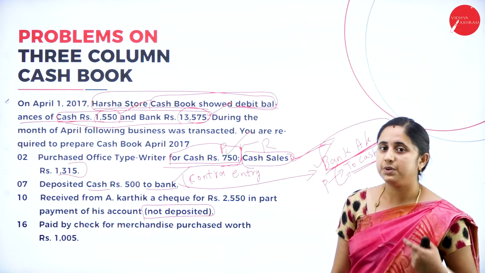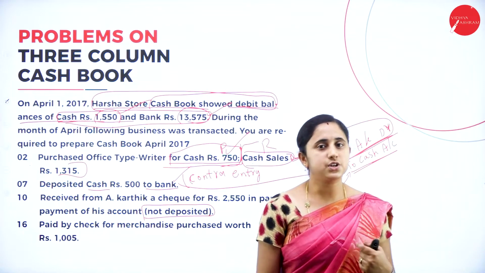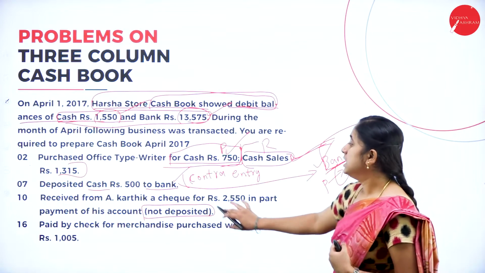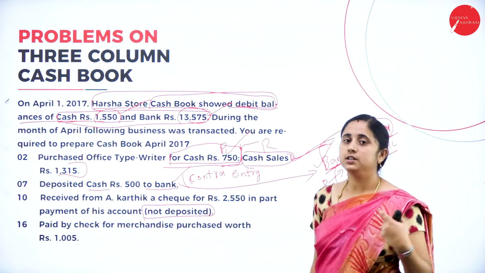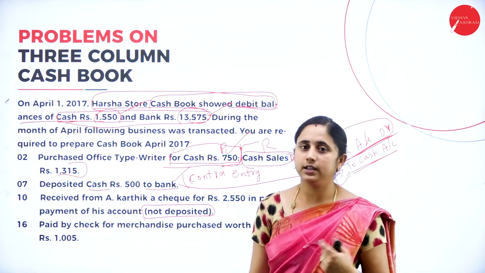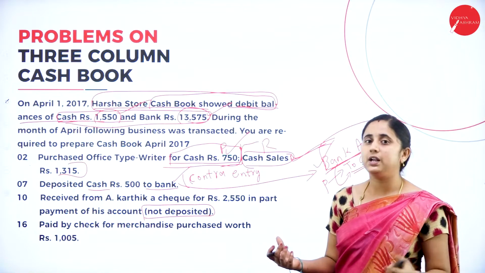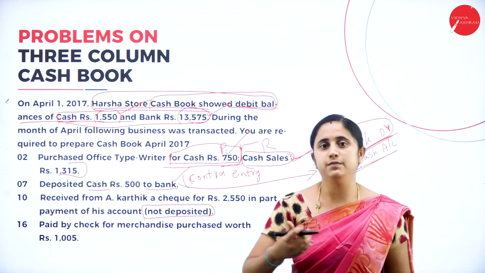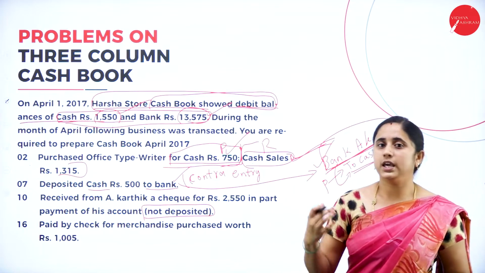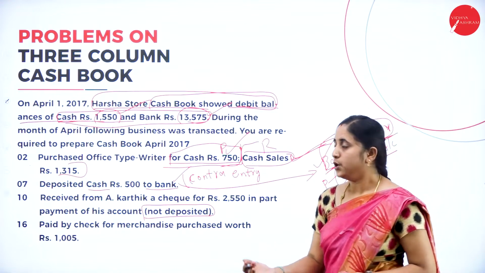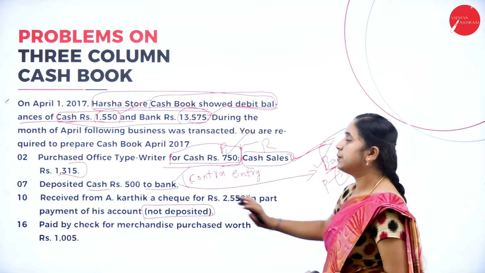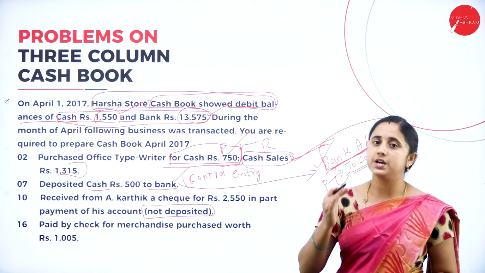Not deposited means you will just receive it and keep it with you. For this transaction, the check received from Karthik is considered equal to cash received, because you can immediately deposit it in the bank and withdraw the money.